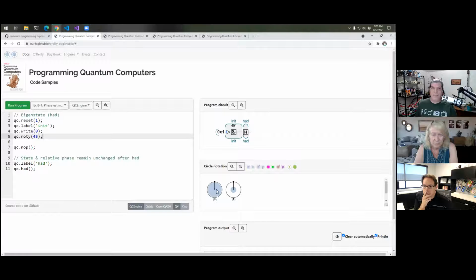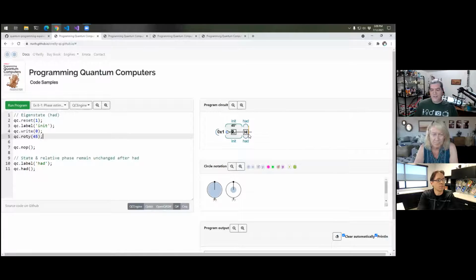I think this is like 84 point something percent or 86, and this is like 14 point something percent. And then after we apply the had, there's no change in our circle diagram. So the had has no effect. And so this is known as an eigenstate for had, where you apply it and it doesn't change anything.